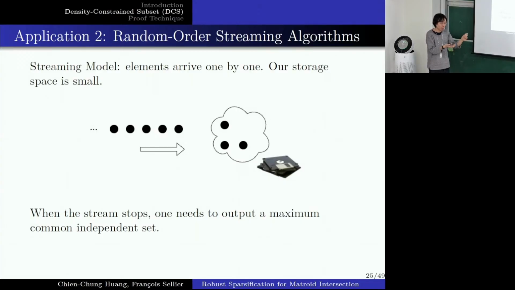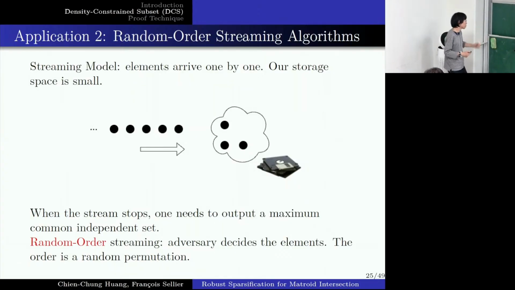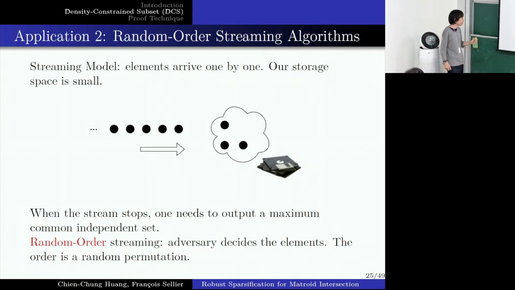At some point you have to throw away some element, and if you throw away an element it is gone forever. When the stream stops, I still want you to tell me a large matching or a large matroid intersection.